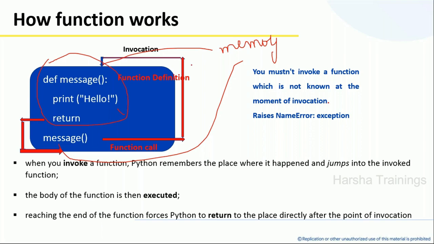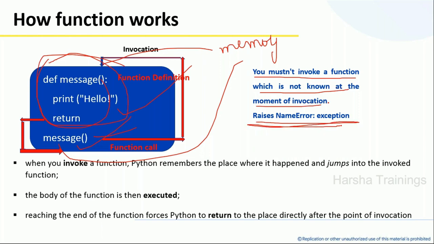First of all, you have to define the function, then only you are eligible to call it. You must not invoke a function which is not known at the moment of invocation. That means if I don't write the function definition and try to call it, it is going to generate an exception. It raises a NameError. Understood?